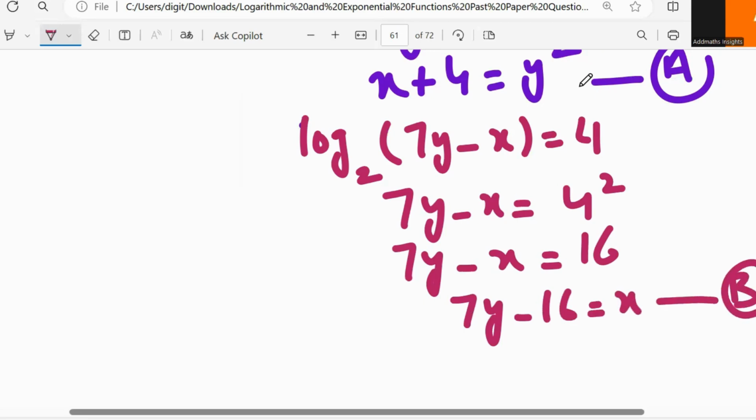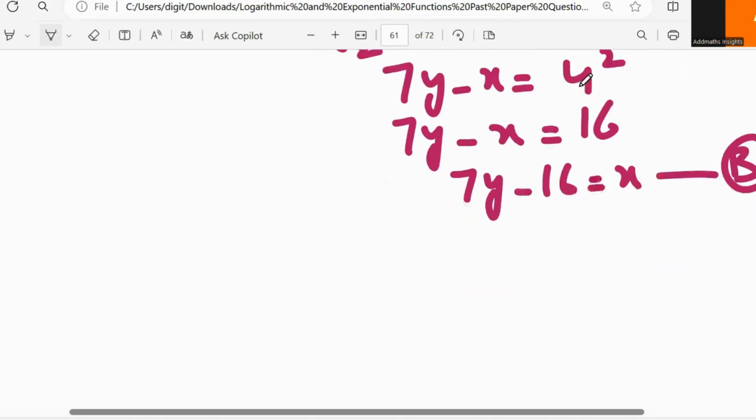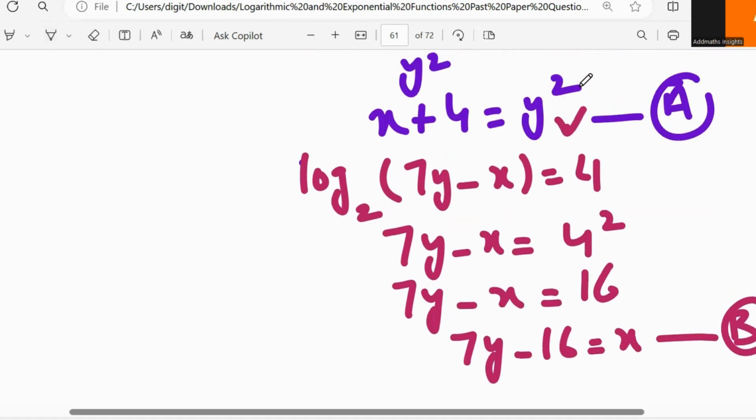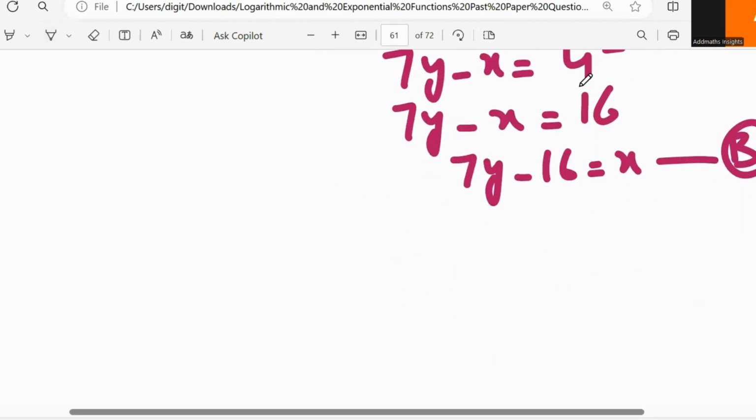Now you can substitute this value of x in this equation A. So you will write here y squared is x + 4.